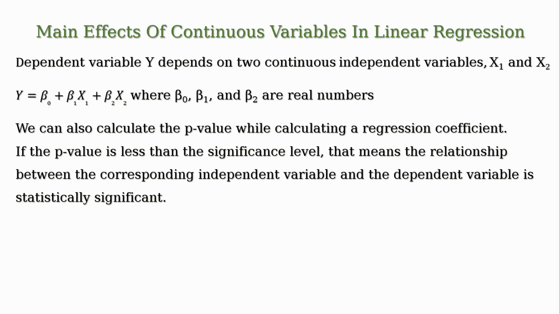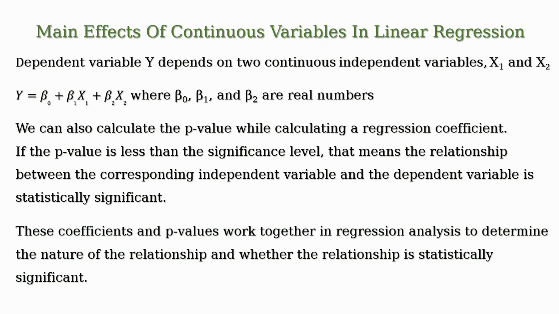If the p-value is more than the significance level, that means the relationship between the corresponding independent variable and the dependent variable is not statistically significant. And if the p-value is less than the significance level, that means the relationship is statistically significant.